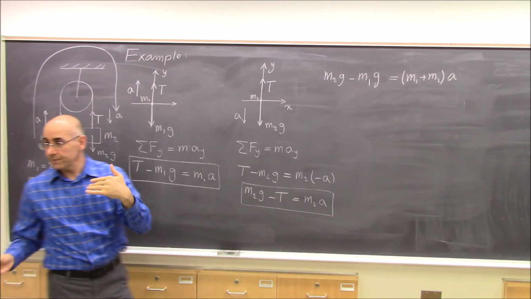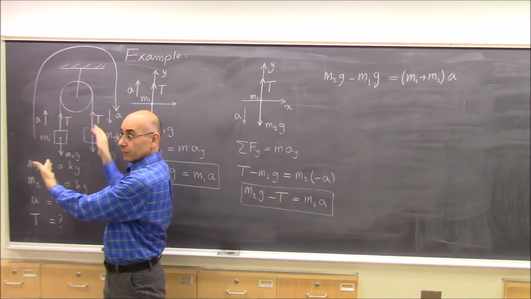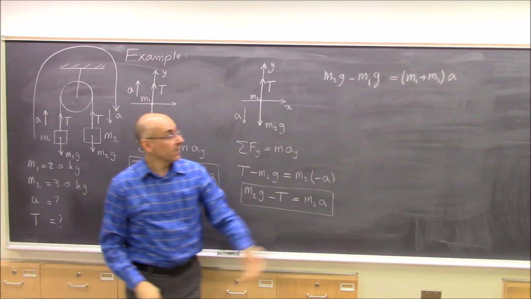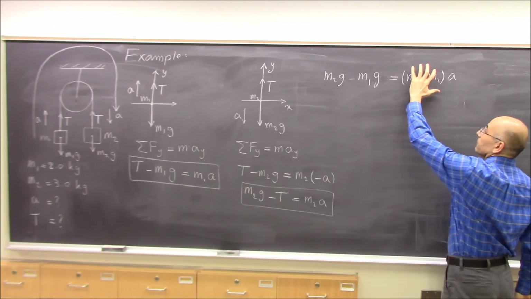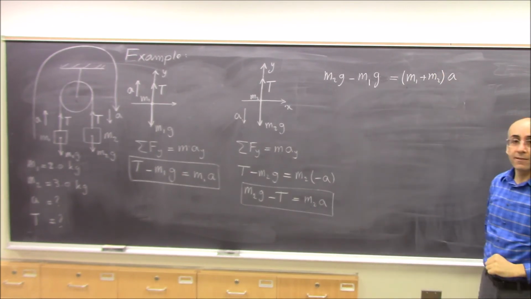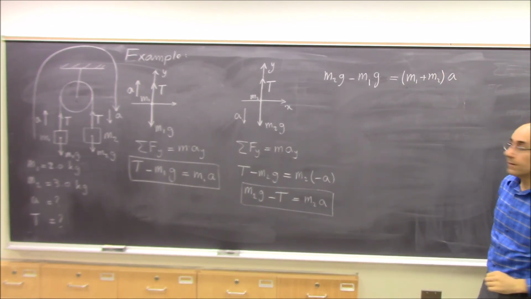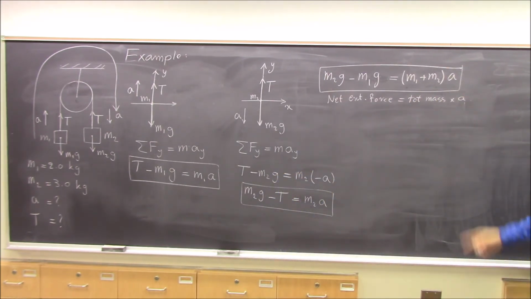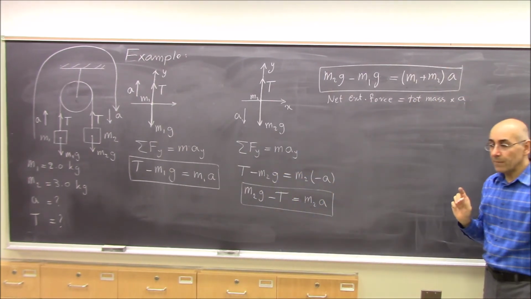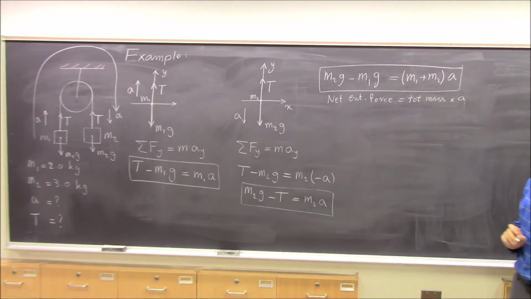So the balance of these two, M2G minus M1G, is the net external force on the system, equal to total mass times acceleration. Okay? That's considering both of the masses as one system.